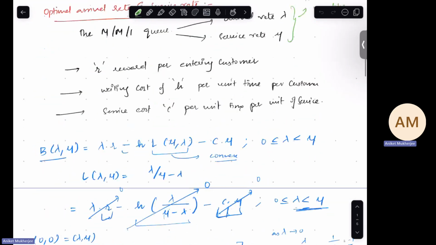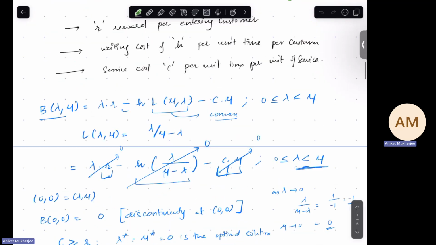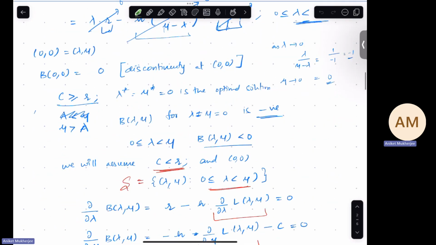So in the last class we saw both the social and individual optimal decisions. Both are decision inputs, and then we defined a cost function with both mu and lambda as decision variables.